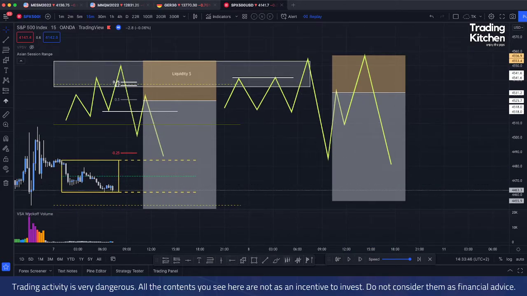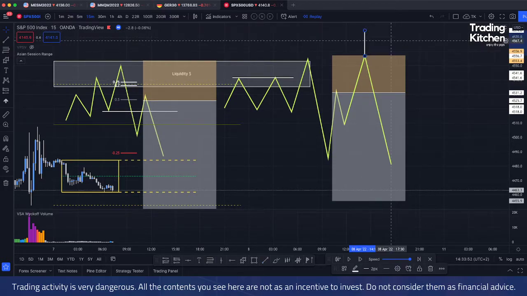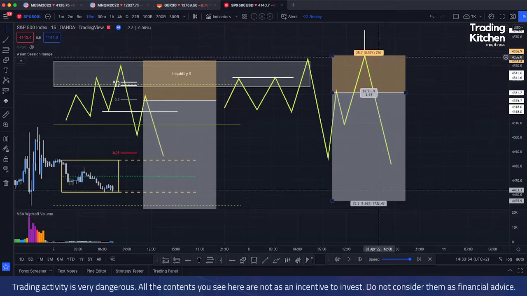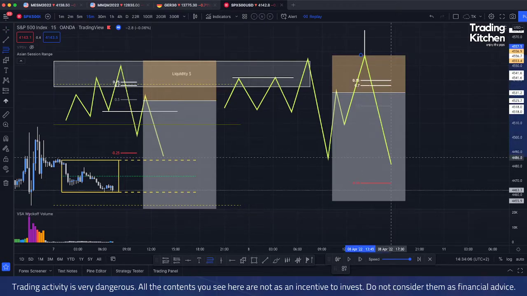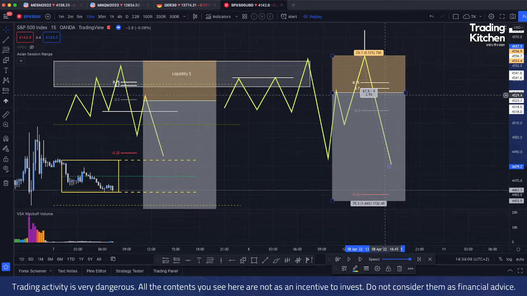You can easily identify this manipulation because here there is a long tail. In this case you can wait for a retracement on the 75 of Fibo of this range.